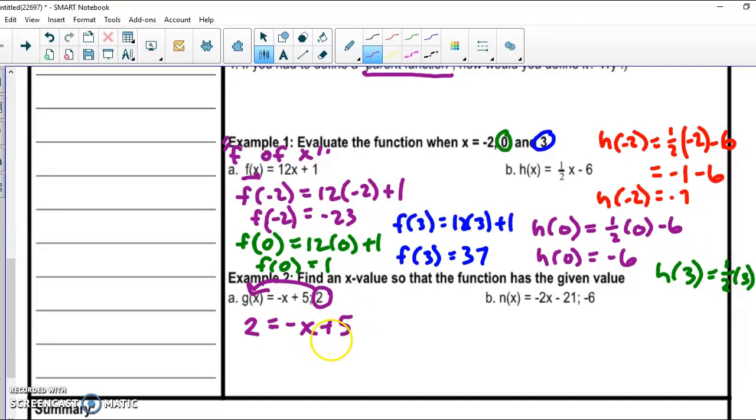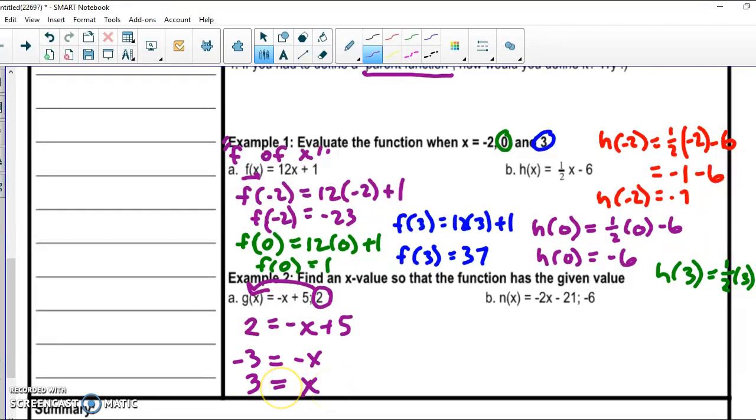So I want to get my constants on the same side. So I subtract 5 from both sides. And now I want to turn my x positive, so I'm going to divide both sides by -1 so that x equals 3.